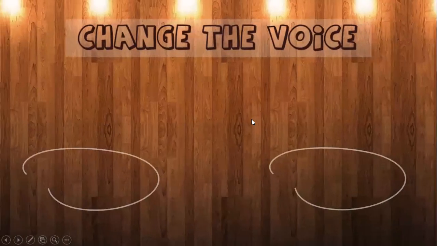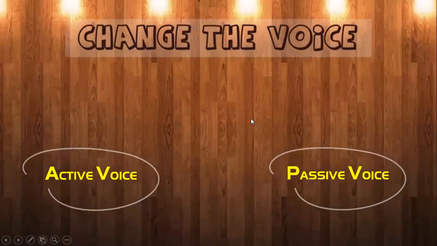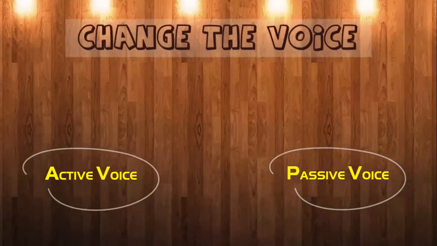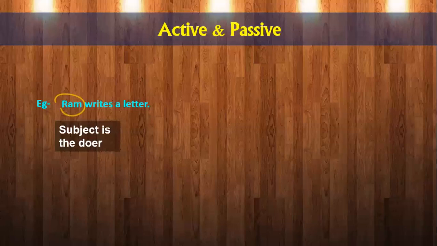All right, now it's time to continue with the next concept, that is active and passive voice. So we know that there are two different types of voices, that is active and passive. So what have we learned in the active and passive voice? Whenever a sentence begins with a subject or a doer of the action, as in the sentence Ram writes a letter, Ram is the doer of the action, that is, he is writing the letter.